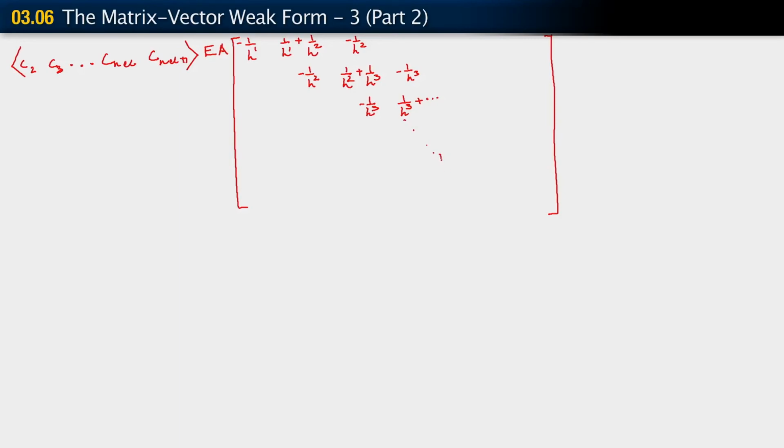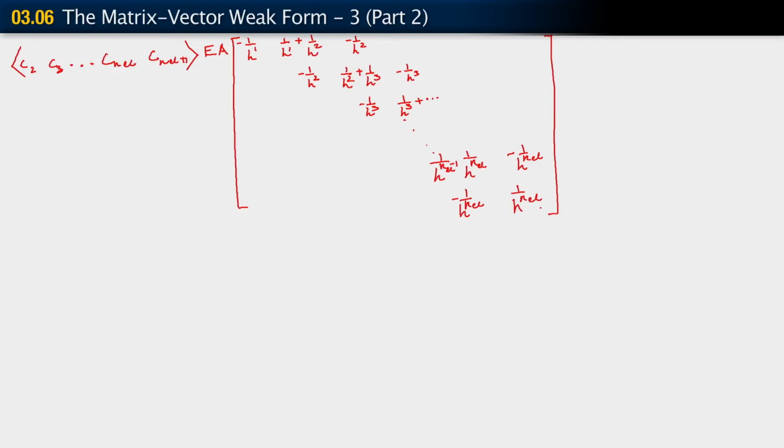we will have here 1 over H NEL minus 1, 1 over H NEL. We will have here minus 1 over H NEL. We will have here minus 1 over H NEL, and here we will have 1 over H NEL.